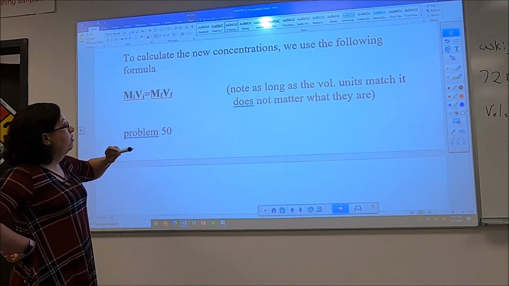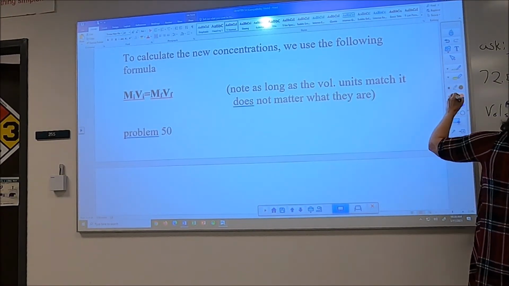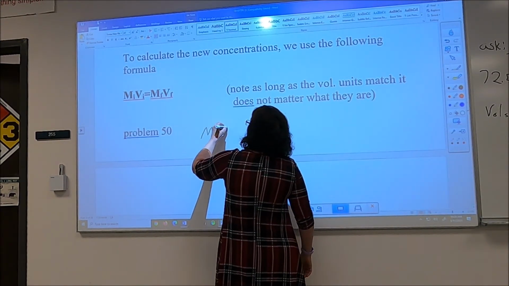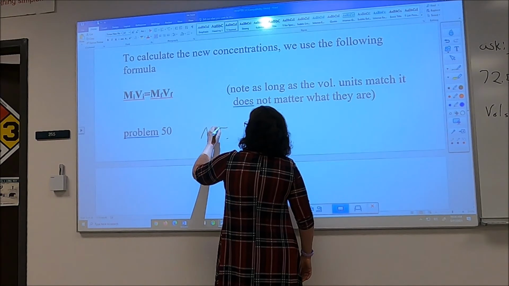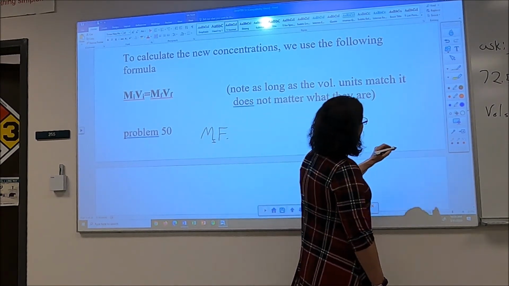So it's important. When we do dilution, molarity of the initial solution times volume of the initial solution equals molarity of the final solution times volume of the final solution. Let me write some stuff in here.